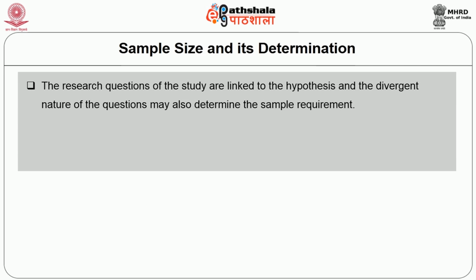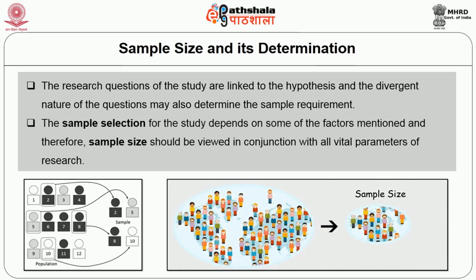The research questions of the study are linked to the hypothesis, and the divergent nature of the questions may also determine the sample requirement. The sample selection for the study depends on some of the factors mentioned, and therefore sample size should be viewed in conjunction with all vital parameters of research.